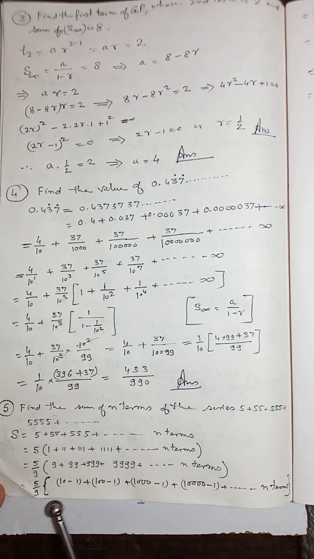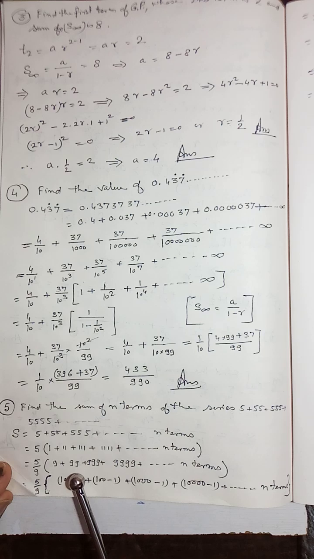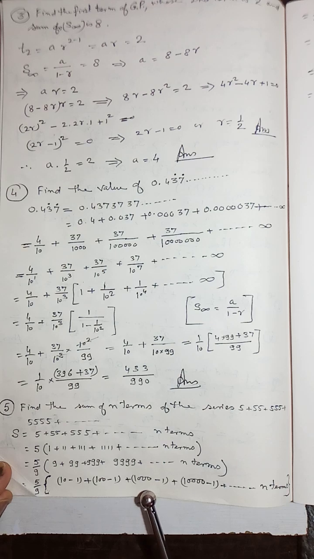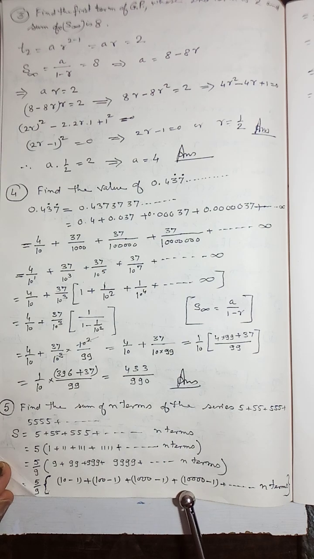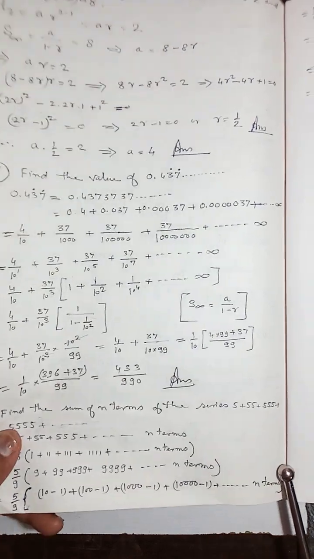So 5/9 as it is, 10 minus 1. In place of 9 we can write 10 minus 1. In place of 99 we can write 100 minus 1. In place of 999 we can write 1000 minus 1, 10,000 minus 1, up to n terms. In this way you can proceed.